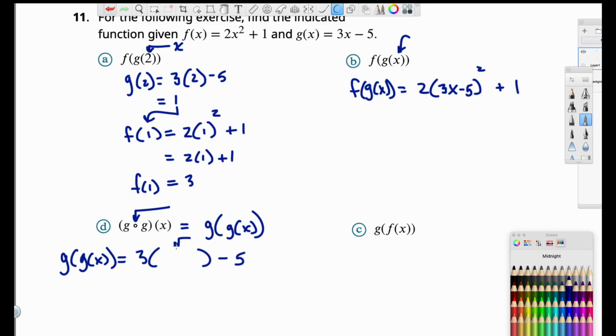And what are we putting inside to replace this x? Well, a whole other g of x. So we're going to put 3x minus 5 in for the x here. And then now I think I will distribute this. 9x minus 15 minus 5 is 9x minus 20.